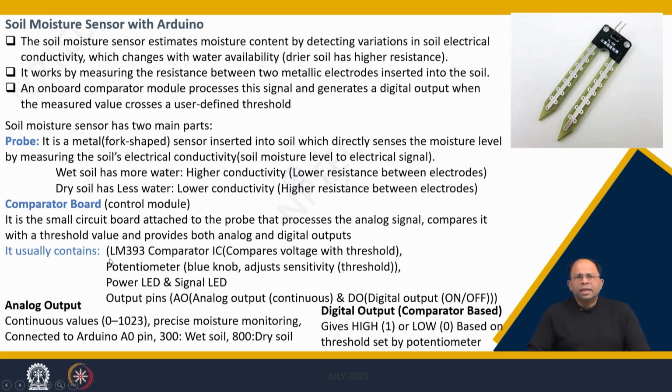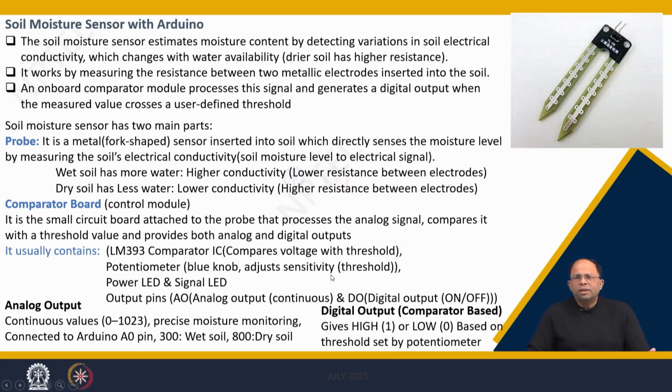It usually contains this particular IC, the LM393 comparator IC. It is a chip, of course, and it compares the voltage with the threshold values that have been set, and we can also adjust this threshold by changing a potentiometer, which has a blue knob. You will see that within this circuit there is a rectangular box with a blue knob, and that can be changed to adjust the sensitivity threshold.